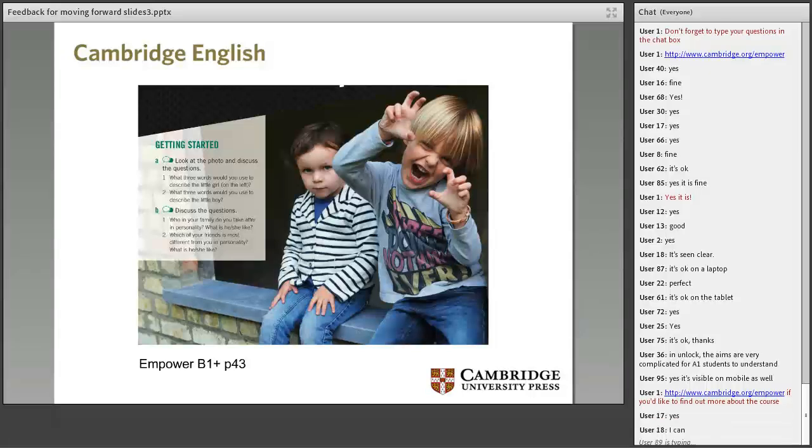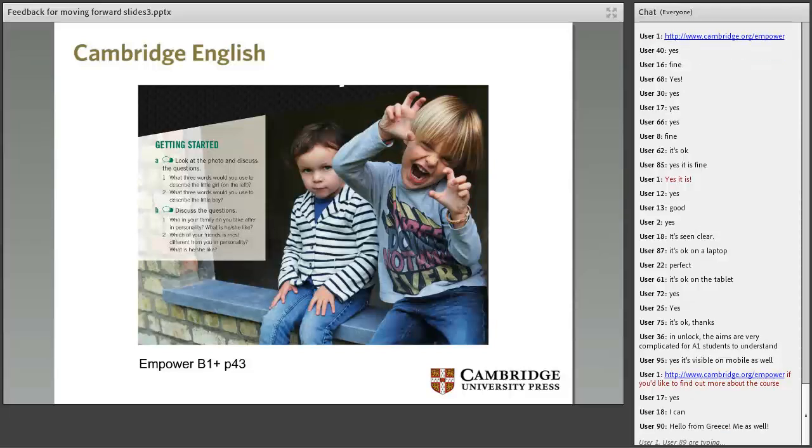The students have just got to talk about these two children and what they think the difference in their personality is, and it's questions like that. Why children, even if they're from the same family, might have different personalities. So this is a chance for the students to just try to speak.